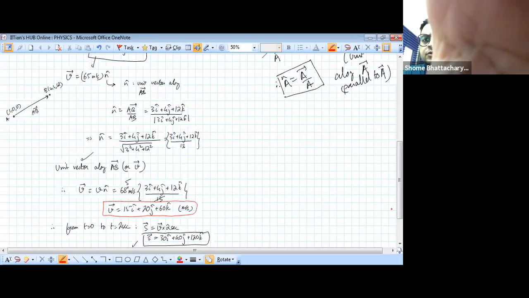Okay, so next I'll be picking up question number 14 and 17 from the same exercise, exercise 1. And then we will move on to exercise 2.